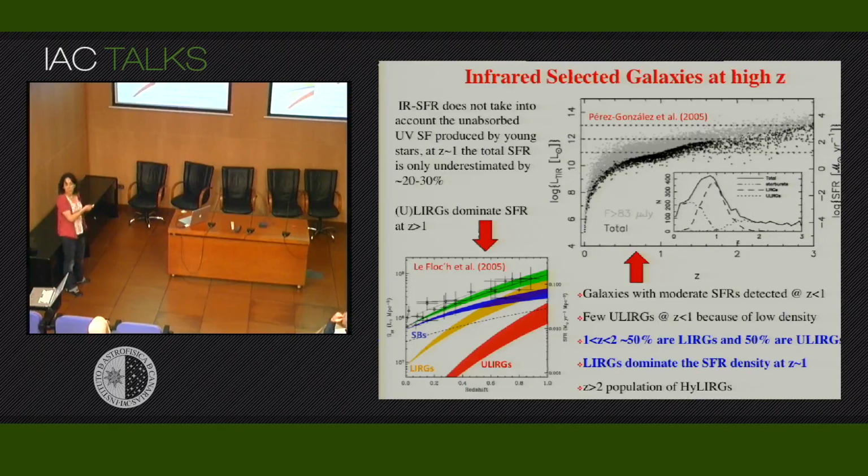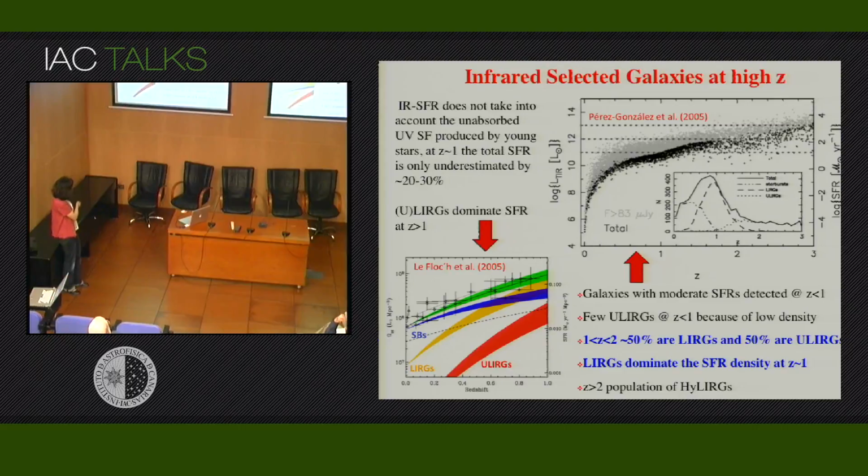What is also interesting is that if you look at this Madau plot, this is the co-moving star formation rate density of the universe, going from 0 to 1. Of course, we now know out to redshift 4 or so. But what you can see is that in the local universe, the contribution from LIRGs and ULIRGs is very small.